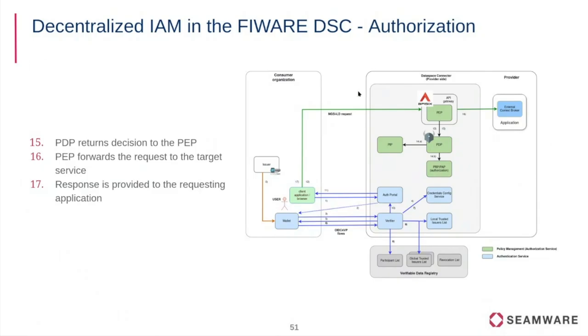Now, once the policy decision point, in this case Open Policy Agent, has evaluated the policy, it will return the decision to the policy enforcement point, and then the policy enforcement point will either forward the request to the target service or deny it, and then respond to the application, serving the data. That's already the magic of authorization in the decentralized IAM of the FIWARE Dataspace Connector. And with that, we have essentially made our application available through the connector.